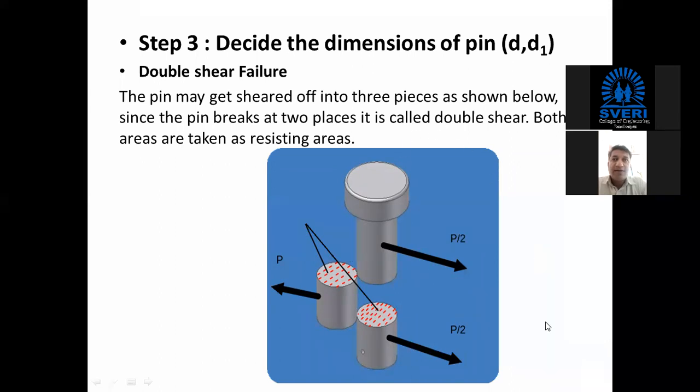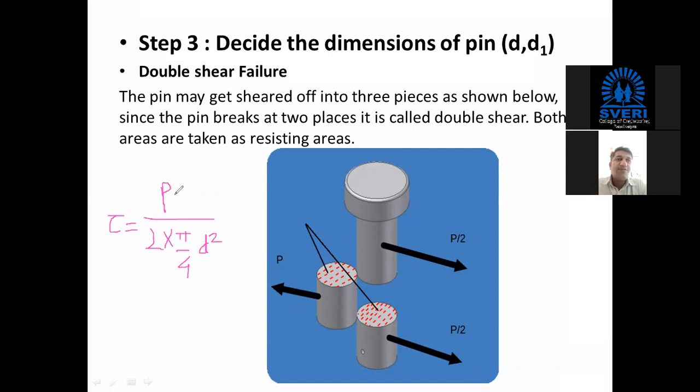Now the shear stress can be calculated as: the allowable shear stress tau is equal to the pull applied, P, divided by the cross-sectional area. It is multiplied by 2 because at both places the shearing is taking place for the pin, multiplied by pi by 4 small d square.